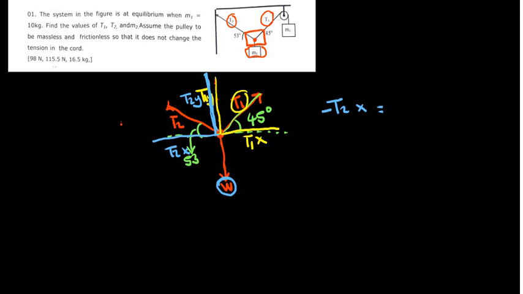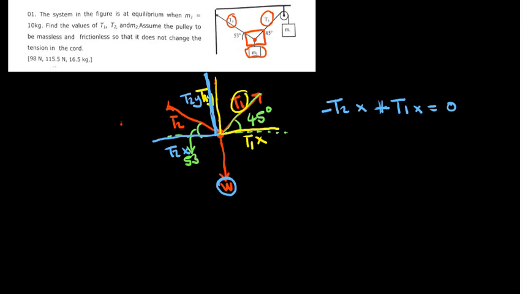Okay, we are going to add it. If we add t1x, they should be able to give us a 0. Okay, so if you add t2 and t1, they should be able to give us a 0.